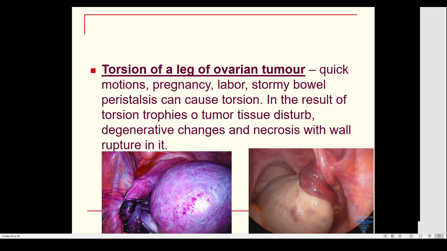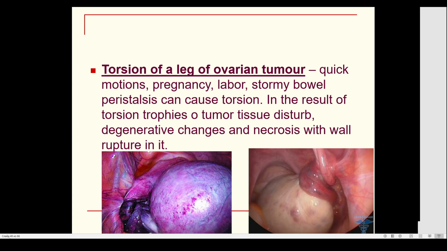Another pathology is torsion of the leg of an ovarian tumor. Quick motions, pregnancy, labor, and stormy bowel peristalsis can cause torsion. Torsion, or twisting, of the peduncle or leg of the ovarian tumor.